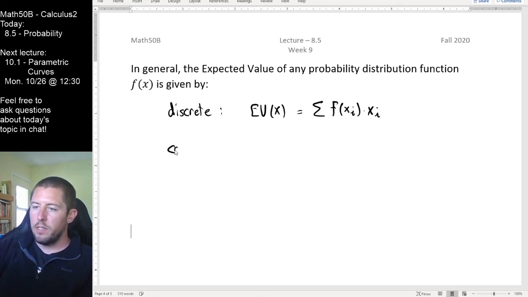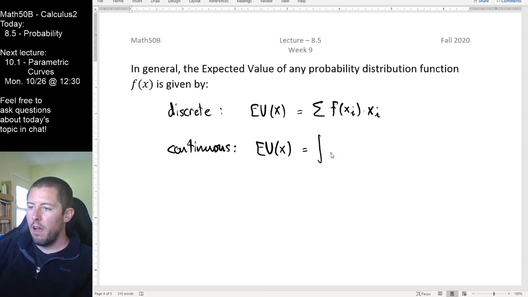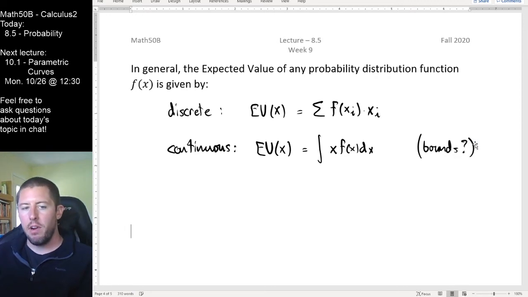And if we are continuous, which is much more typically our case in this class, since we're here to talk about calculus stuff, then we're going to be getting the integral of x f of x dx. And it matters that we, I'm just going to put right here, bounds. It matters that we identify what our bounds of integration are on these guys right here.